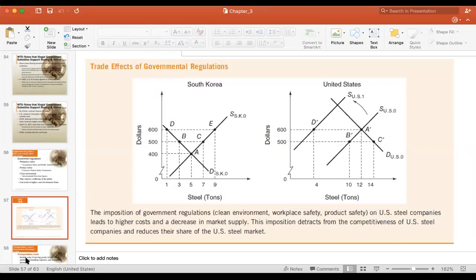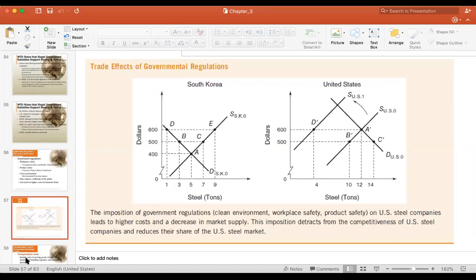So we have two different autarky prices. And from those autarky prices, I can tell who has the comparative advantage. And the comparative advantage here lies with South Korea.